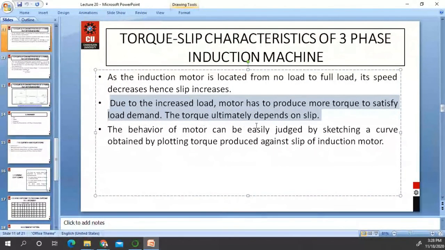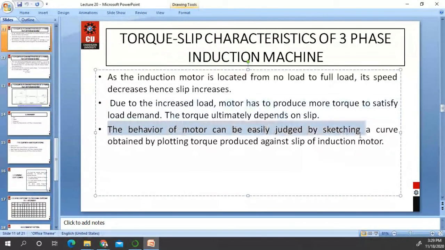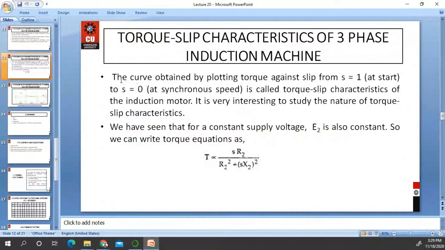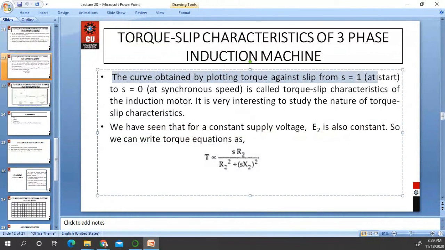The torque ultimately depends on slip. The behavior of a motor can be easily judged by sketching the curve obtained by plotting the torque produced against slip of the induction motor. The curve obtained by plotting torque against slip, from S equal to 1 at start to S equal to 0 at synchronous speed, is called the torque slip characteristics of the induction motor.